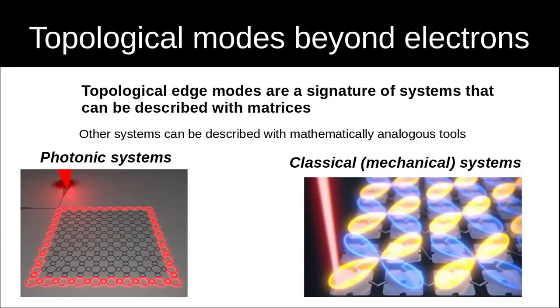And this relationship between energy and momentum is something that appears everywhere in physics. Every time that you have a propagating wave, there's a relationship between the frequency of the wave and the momentum of the wave. So any physical system featuring waves, photonic systems, classical mechanical systems, and of course any quantum system can feature topological excitations.